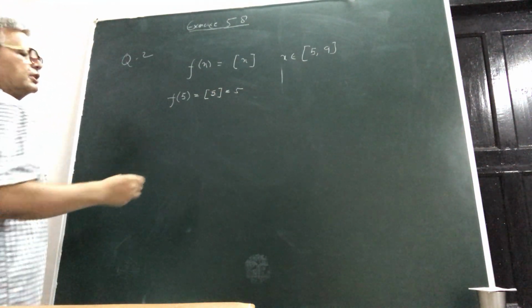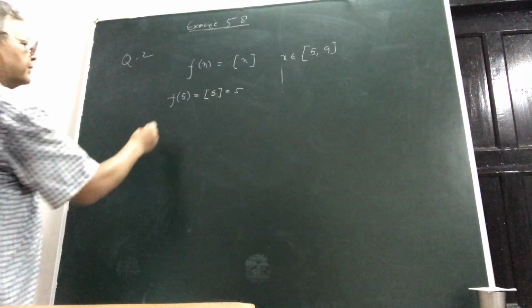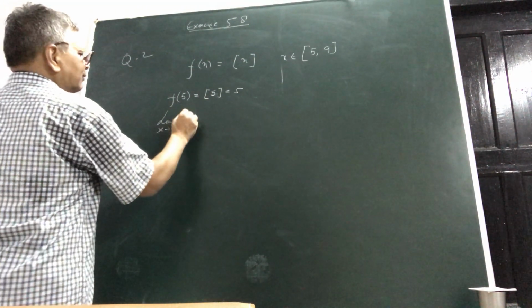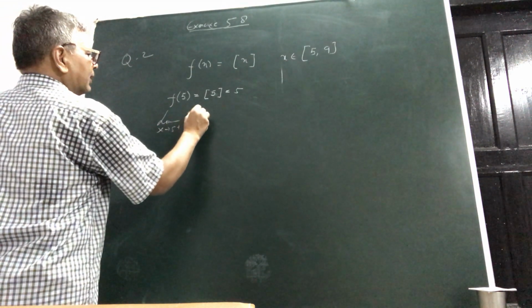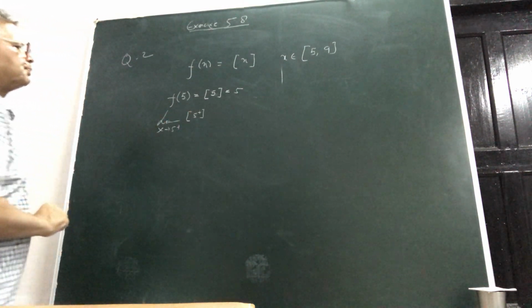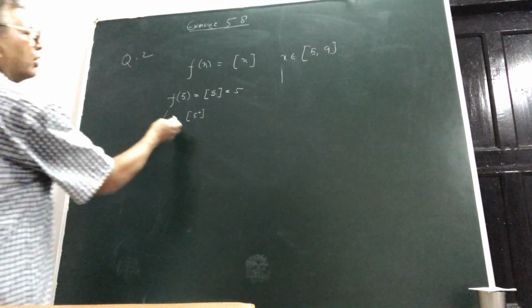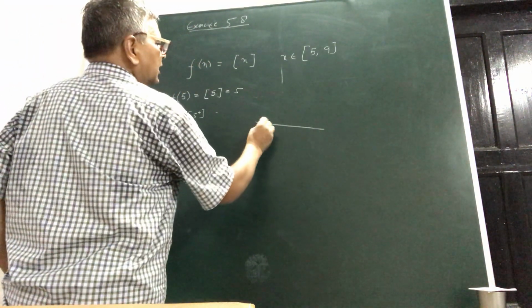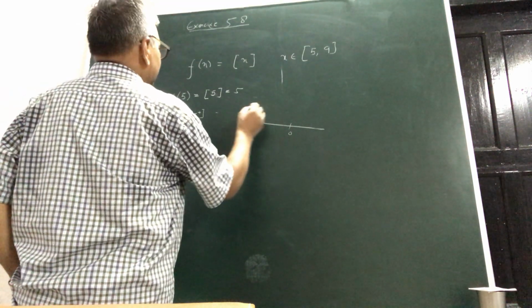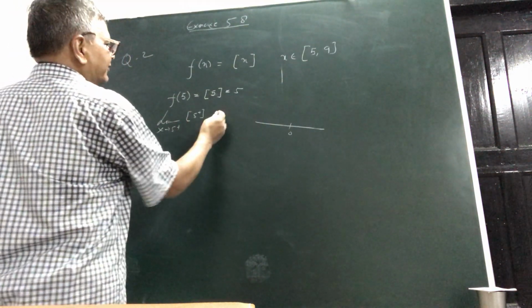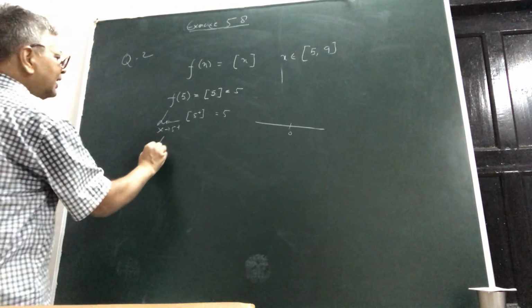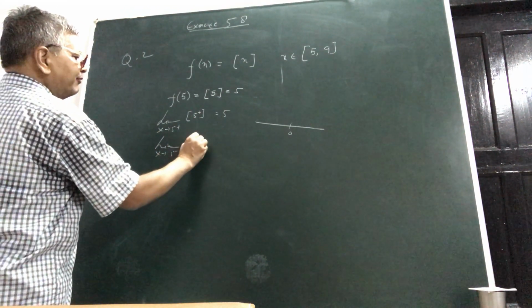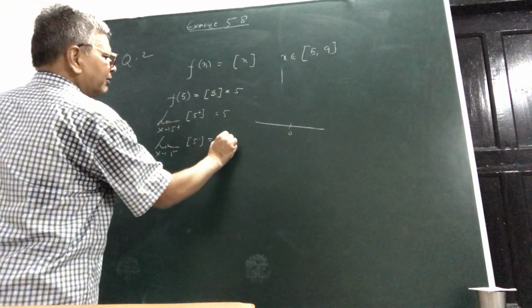But now for checking the continuity, what you need to show is the limit as x tends to 5 plus. Let us see what it is: the greatest integer of 5 plus when you are approaching from the right. This will always give you 5, because once you are on the right side, it will be 5. But what would the left hand limit be? When you calculate 5 minus, it will be 4.